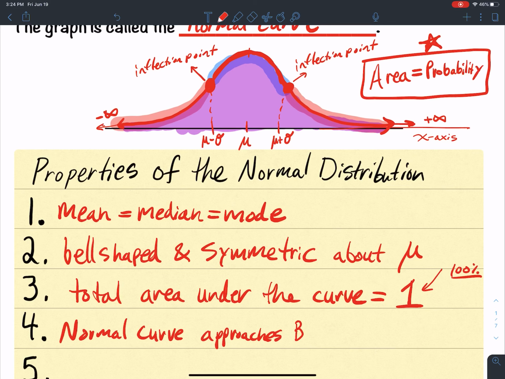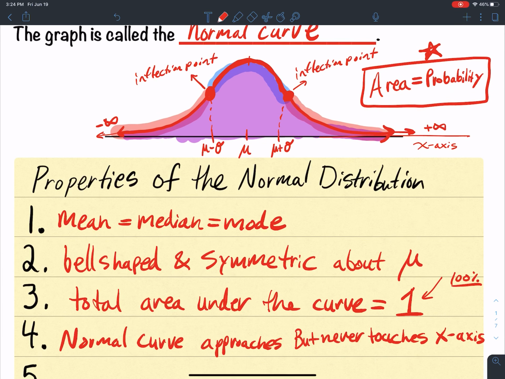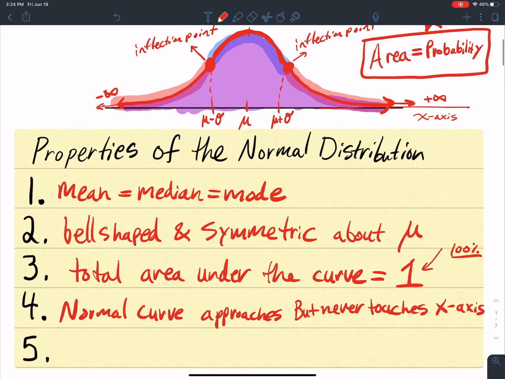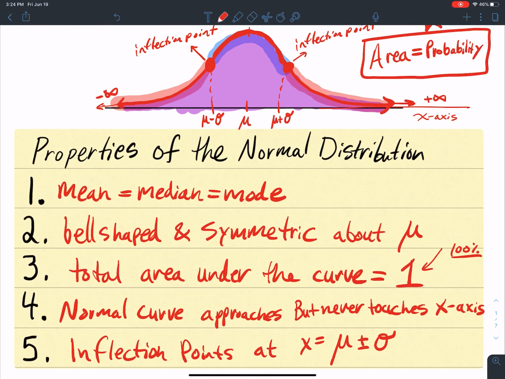All right, it gets asymptotically close, but it never does touch it. And then the last thing, you've got your inflection points, which we already talked about. The inflection points are at x equals mu plus or minus sigma.